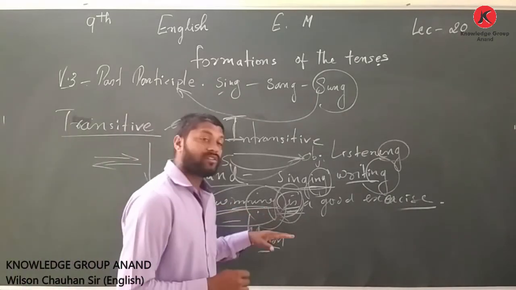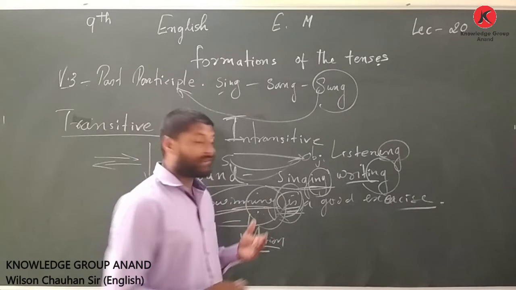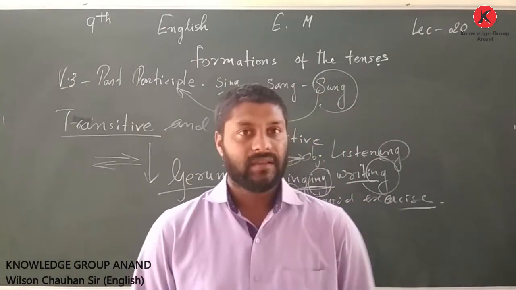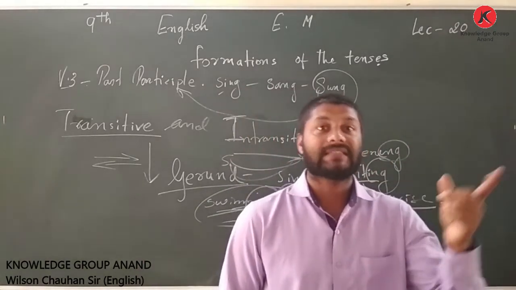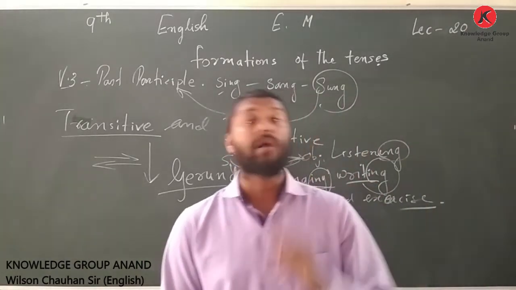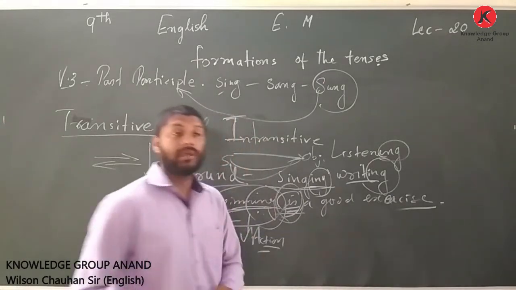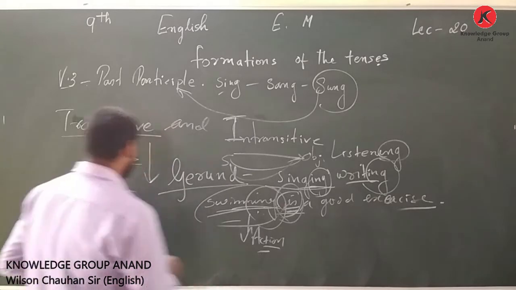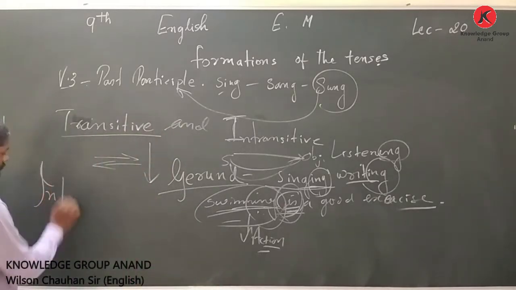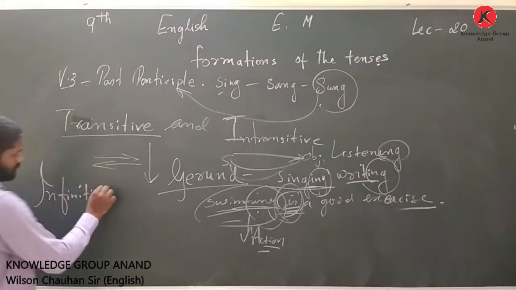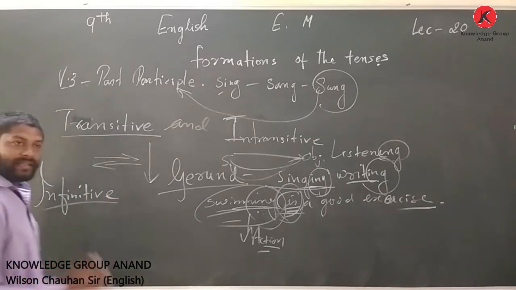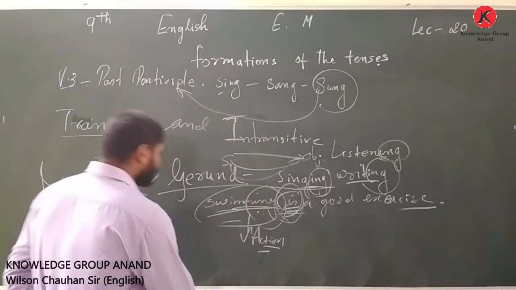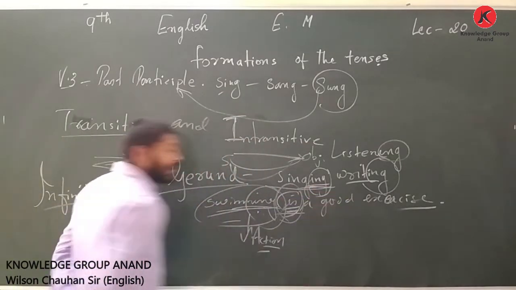These sorts of sentences are used when we have simple, complex and compound sentences. So once again, when we learn simple, complex and compound sentences, this is going to be of great help. What is a gerund? And after that, what you have is an infinitive. Same thing. Again, that is a sort of verb, but in a gerund we added ing.